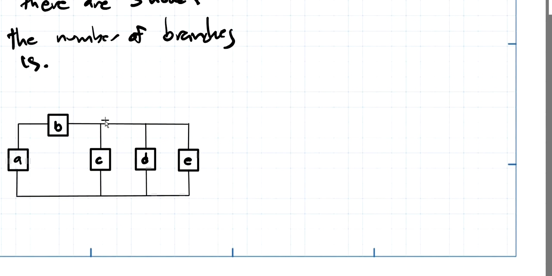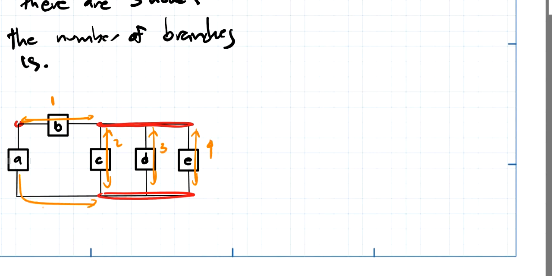Since this is our node, then the branch will be this will be branch 1, right? Branch 2, branch 3, branch 4, and branch number 5. So we have 5 branches.